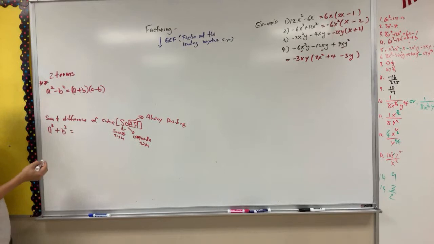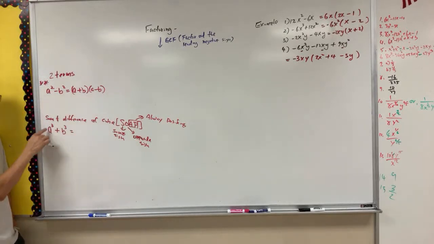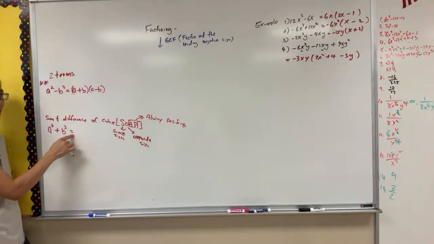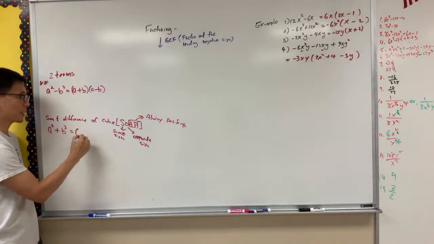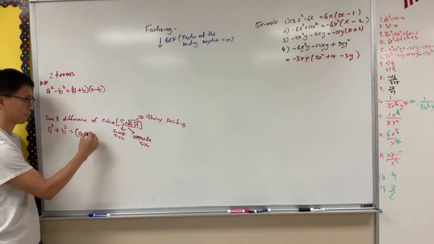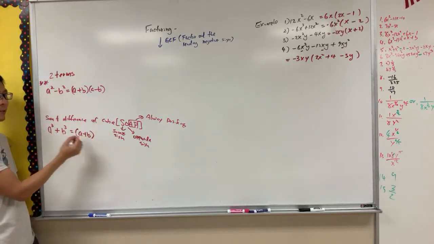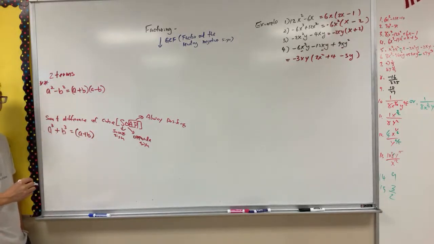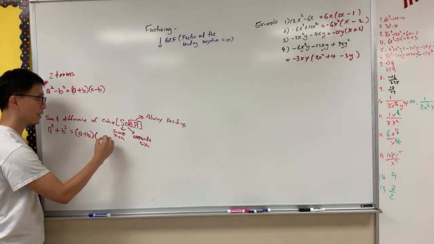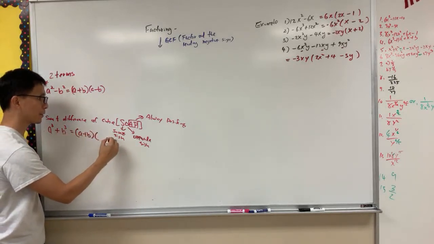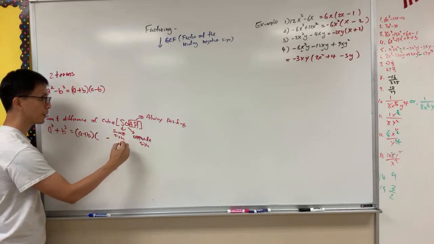Since you're in pre-calc, you need to understand this. So a cubed plus b cubed is equal to, the first one is going to be the same sign, so it's a plus b. The next one is going to be the opposite sign, so you start with positive, it's going to be negative. And the last part is going to be plus.